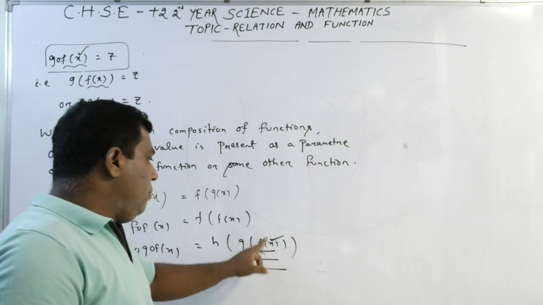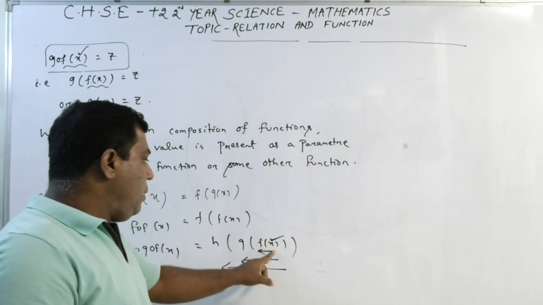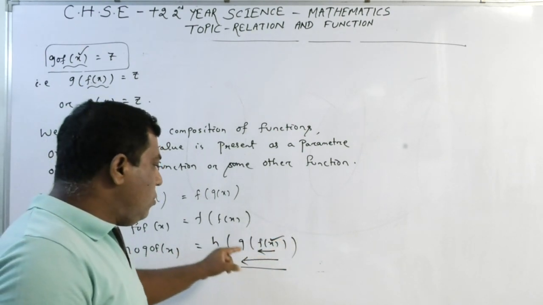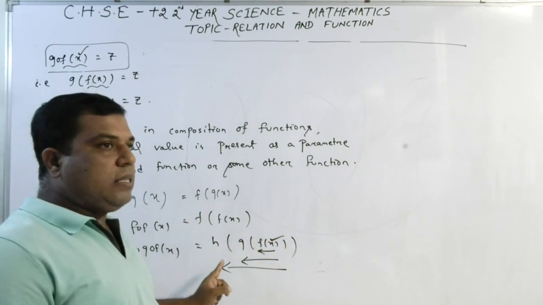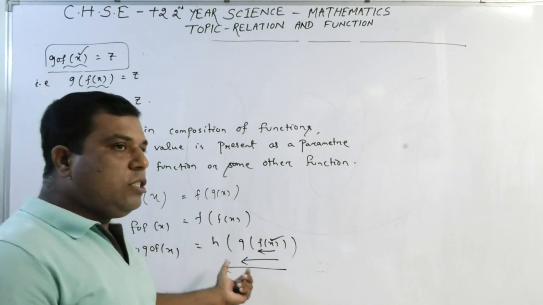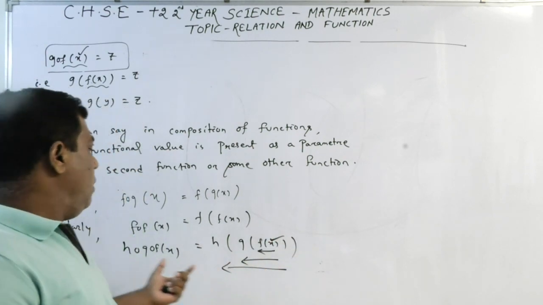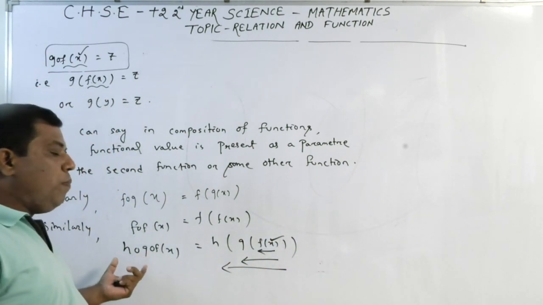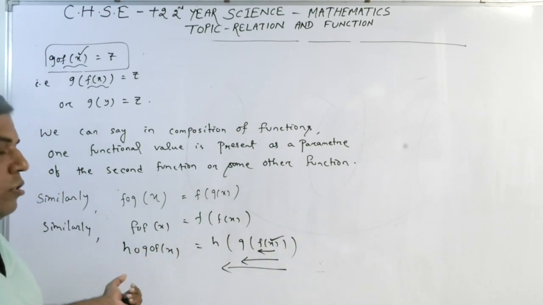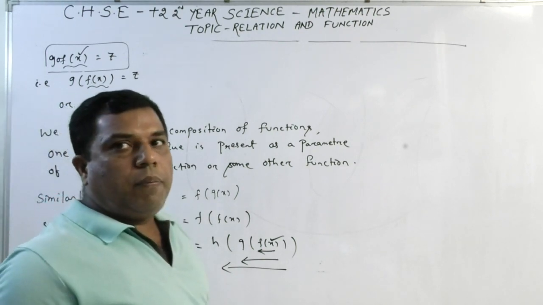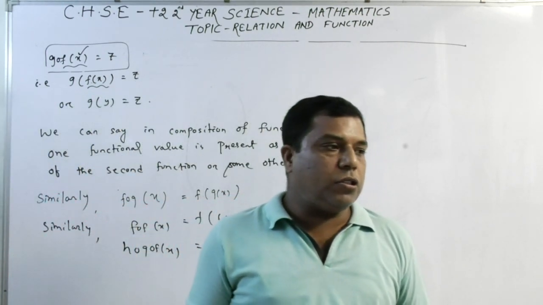The total value is behaving like a parameter of the function g. Again the total value is behaving like a parameter of the function h. So the final result, the total result, is called the composition. Here the composition is done on how many functions? It is done on 3 functions. So in this way we can define the composition of functions.